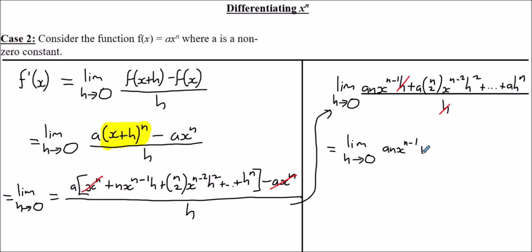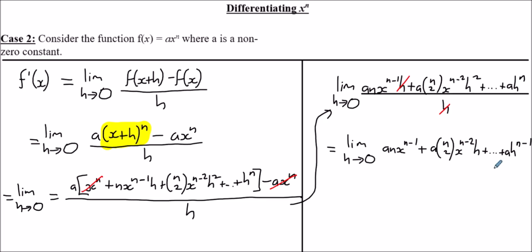The other terms will have a n choose 2, x to the power n minus 2. Now h squared divided by h, we'll just get left with 1 h, then plus a h to the power of n minus 1, because h to the power n divided by another h will just be h to the n minus 1.